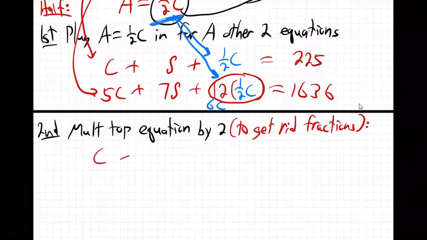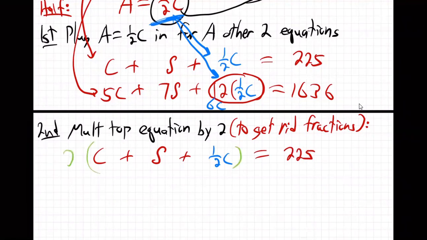So what's the top equation? C plus S plus a half C equals 225, right? I'm going to multiply through that equation by 2. Whatever you do to one side, you have to do the other, right? You got to keep the balance. If two things are equal and you do the same thing to both of them, they'll be equal afterwards.